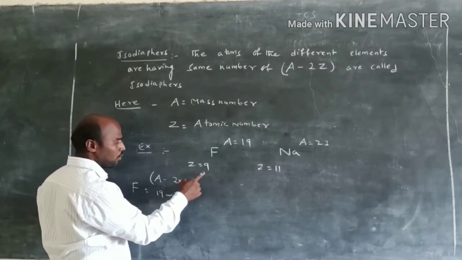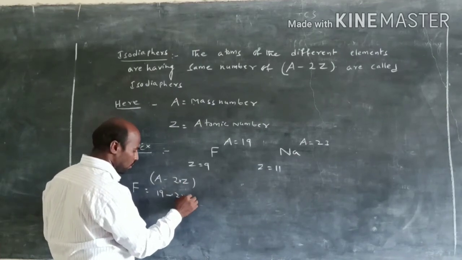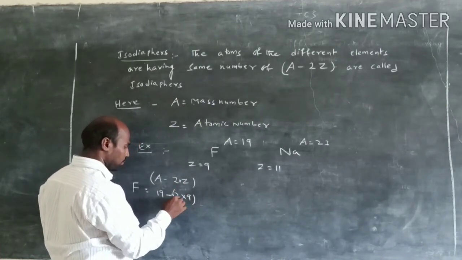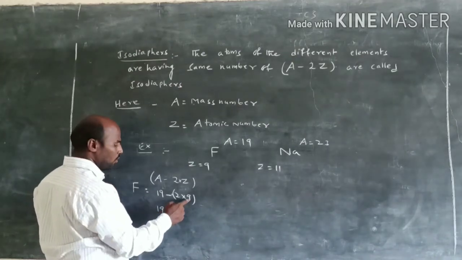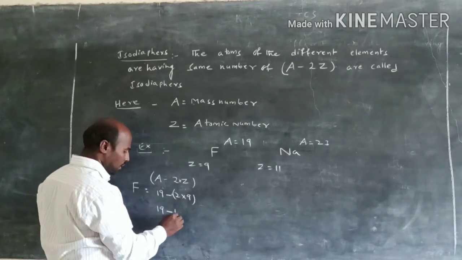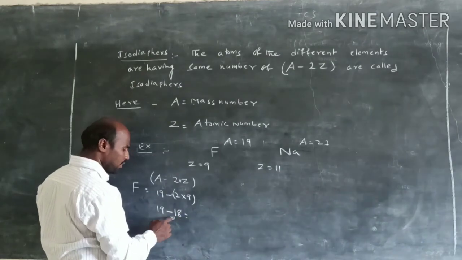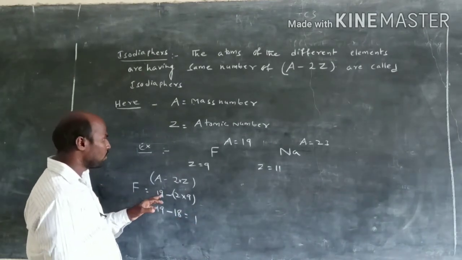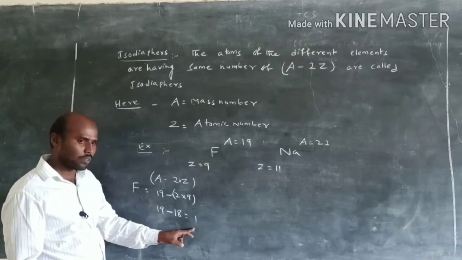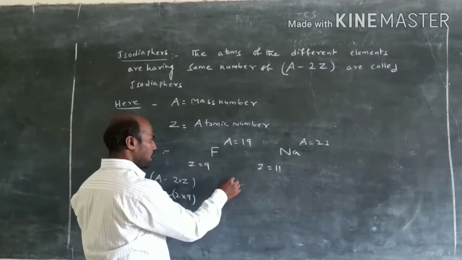What is the atomic number of fluorine? 9. So 19 minus 2 into 9, that is 18. 19 minus 18 is equal to 1. What is the A minus 2Z of the fluorine atom? 1.